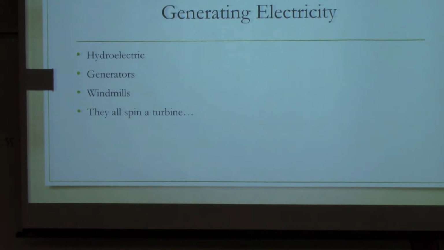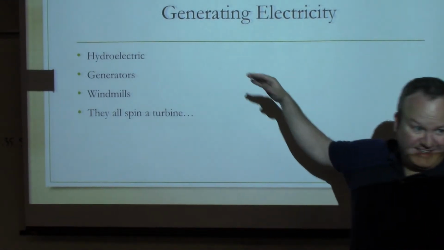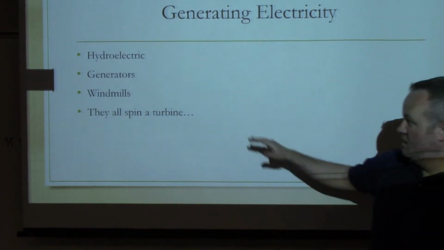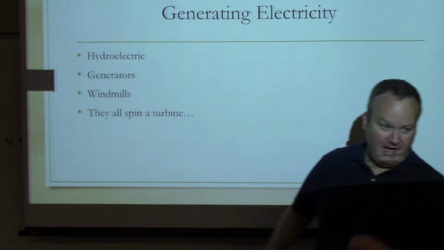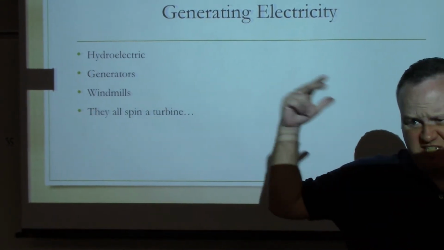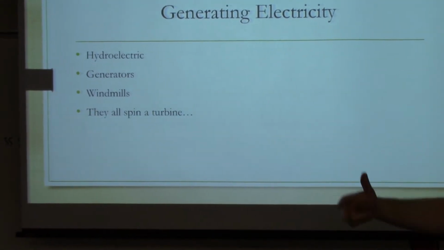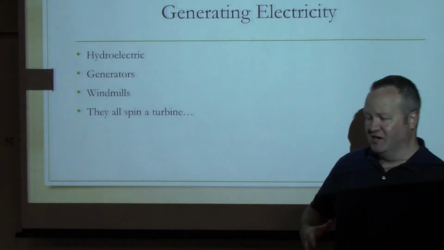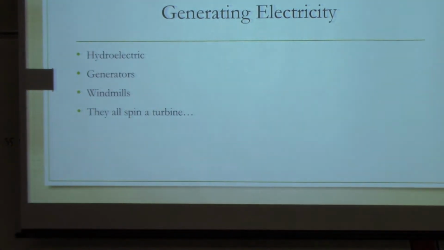This is one of those things where we have the conversion of energy from one type to another type. All right? So hydroelectric is going to convert the kinetic energy of moving water into electricity. Windmills are going to have the same thing. You're going to have something spinning, using that kinetic energy, and with the use of magnets, it can convert kinetic energy into electrical energy.